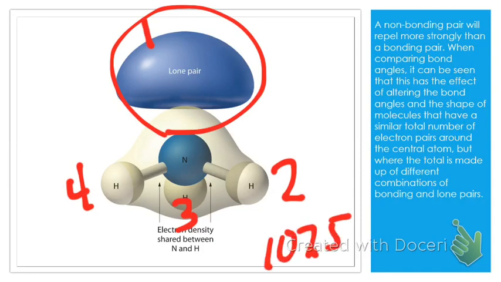For tetrahedral, which is the electronic geometry, it's 109.5. But because the lone pair takes up a little bit more room, it shoves the hydrogens down a little bit, so it decreases the bond angle.